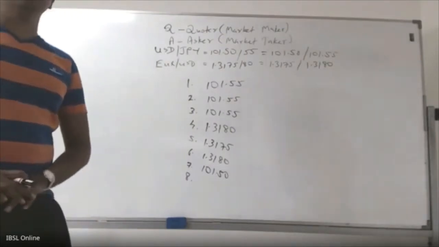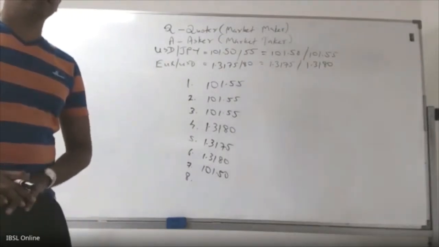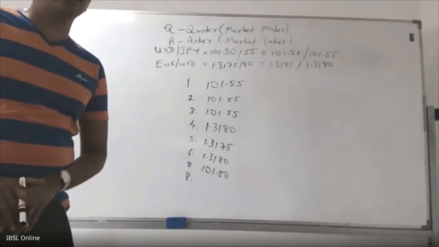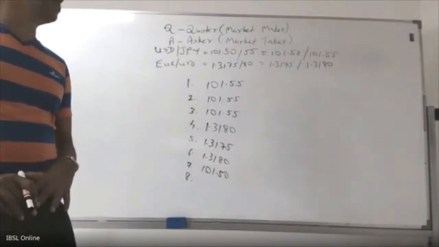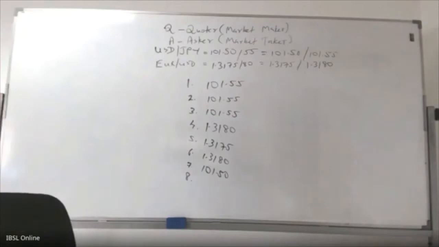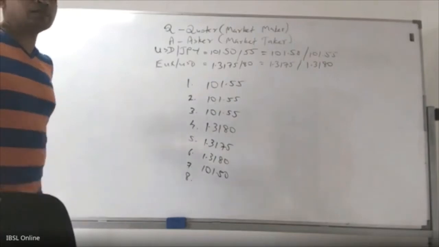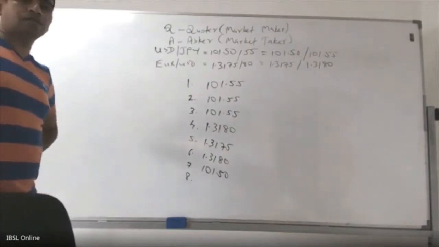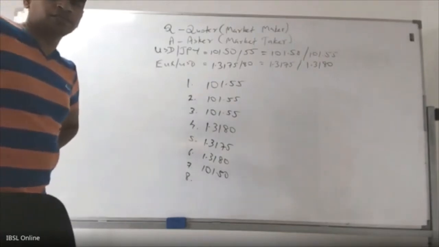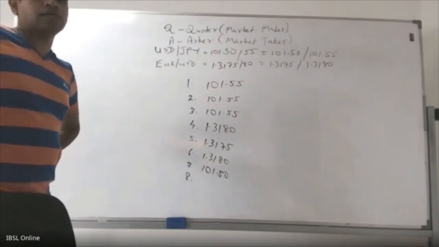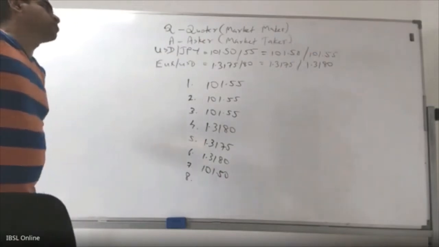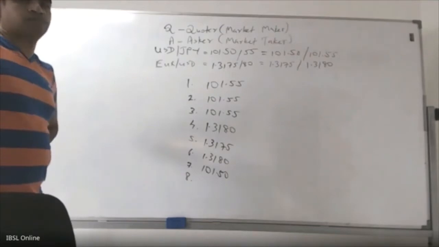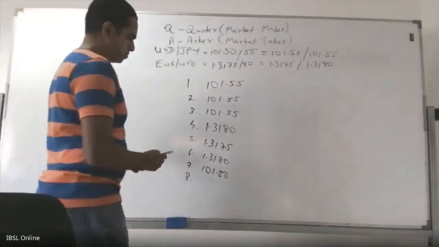At what rate does the asker sell dollars on dollar yen? He's selling dollars means he's selling the base currency. You sell the base at the bid, 101.50.